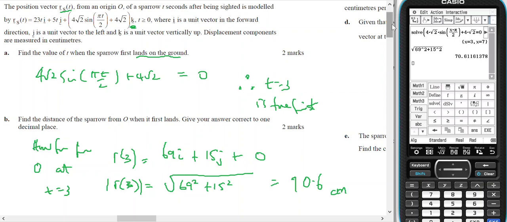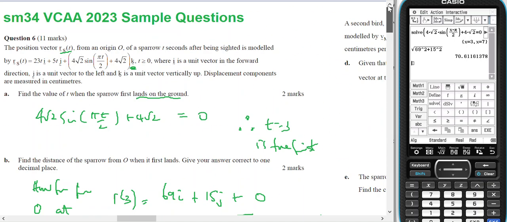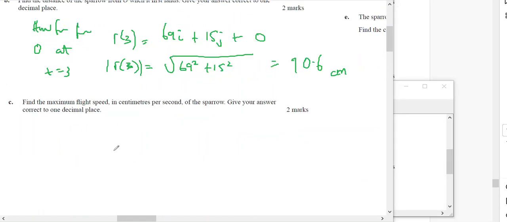Okay, part C. Do I have a part C? Okay, part C, find the maximum flight speed. So what I want to do is find the speed, so I want the velocity, and the velocity will be a derivative.